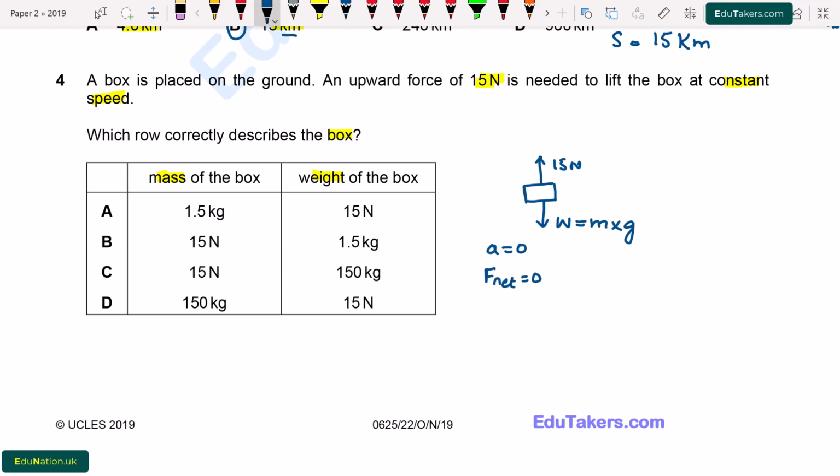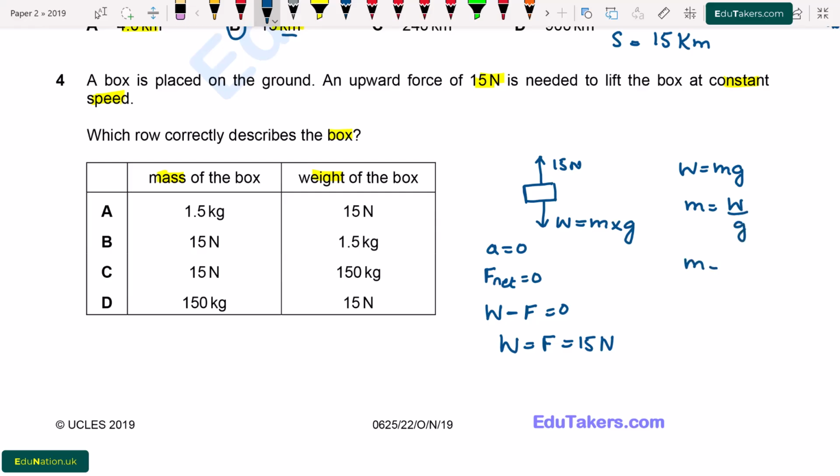So I write here net force is equal to W minus F, which is equal to 0. So weight is equal to upward force, which is given 15 Newton. So the weight is also equal to 15 Newton. Next we have to find out the value of the mass. Again I use formula W is equal to mg, and m is equal to W over g.